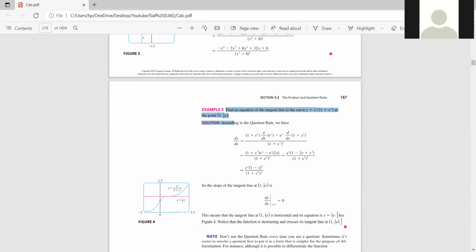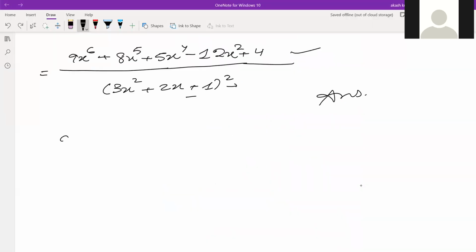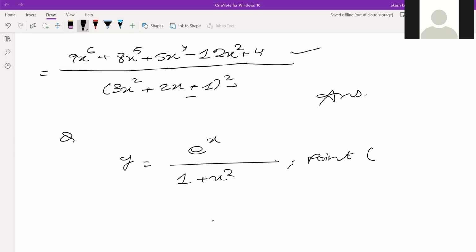So let's write down the curve formula: y equals e^x over 1 plus x square, and another piece of information given to us at this point, which is 1 comma half e.